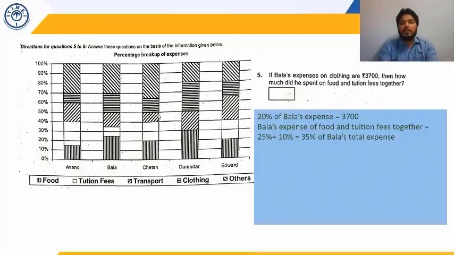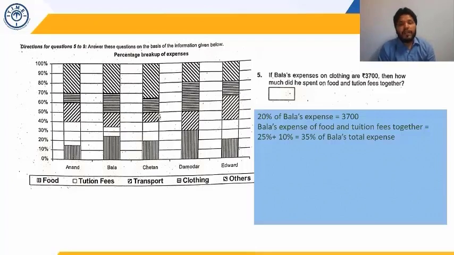So the total amount Bala spent on food and tuition fees together is the addition of both, which is 25% plus 10%, equal to 35% of Bala's total expense. That is what is asked in the question. So whatever the 35% of Bala's total expense is, that is Bala's expense on food and tuition fees together. I hope this is clear.